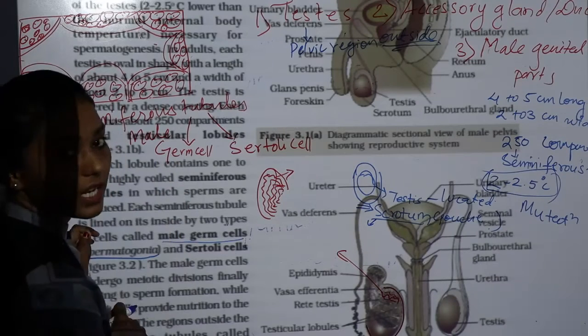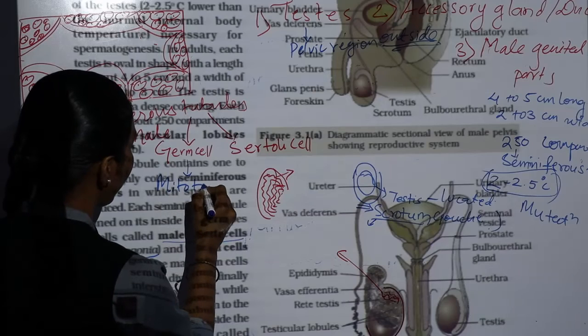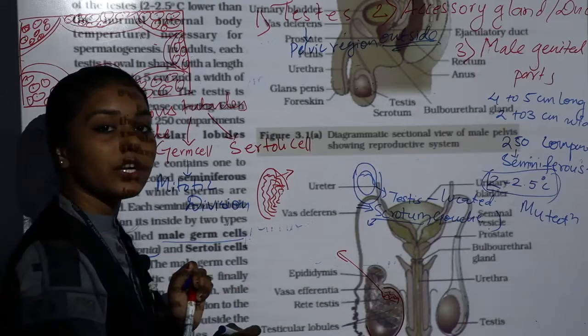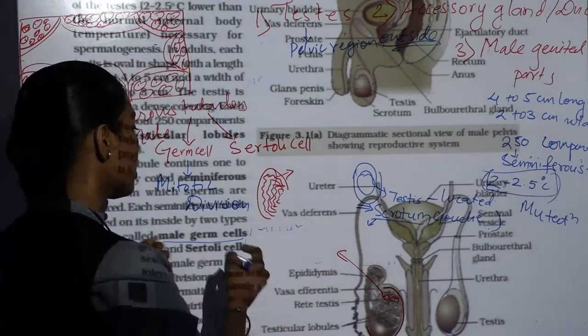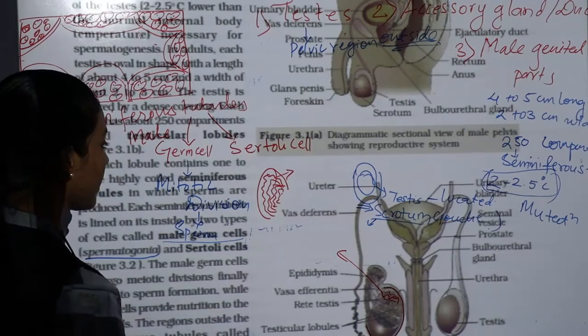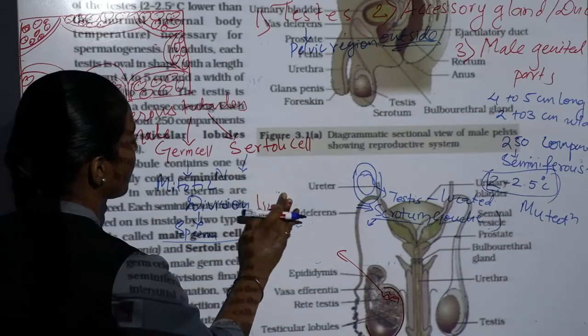This male germ cell further undergoes what? Mitotic division. Okay, it further undergoes mitotic division to form the sperm later on, whereas Sertoli cells are involved in nourishment.